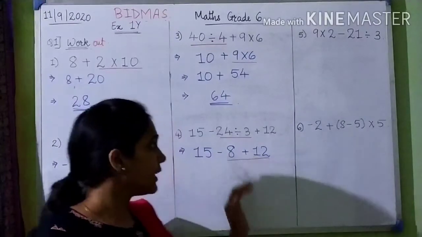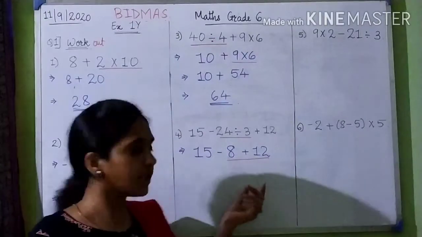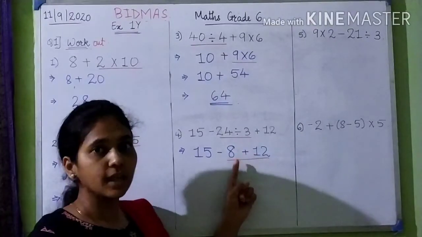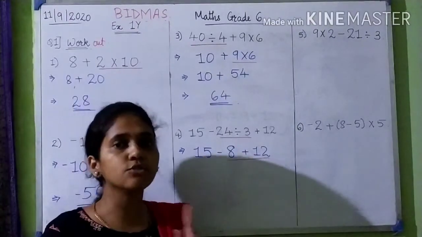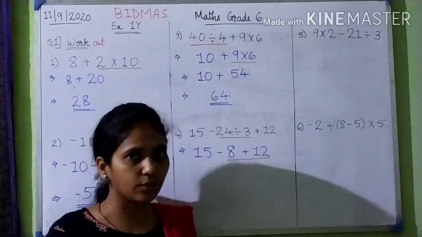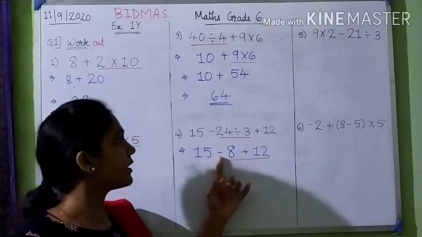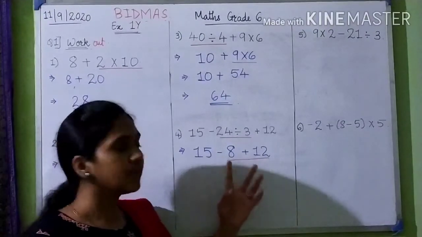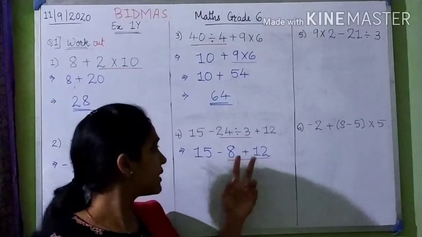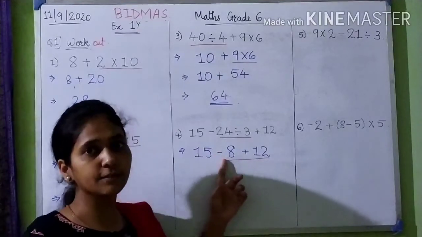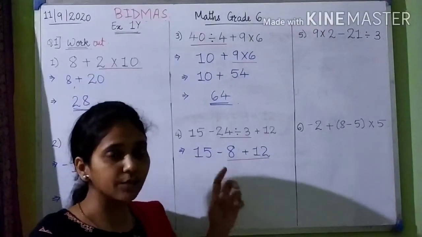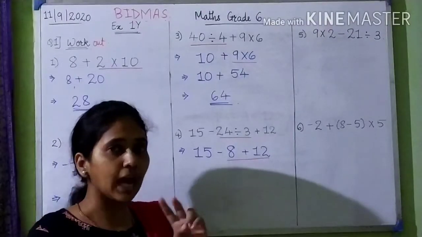But in case of addition or subtraction, that means in between the two numbers, if there is a plus or minus, then you have to consider the signs of both the numbers. So here I have to consider the sign of 8, which is minus. I will tell you what answer comes if you don't consider this negative sign, and what answer comes if you do, and which is the correct one out of these two.